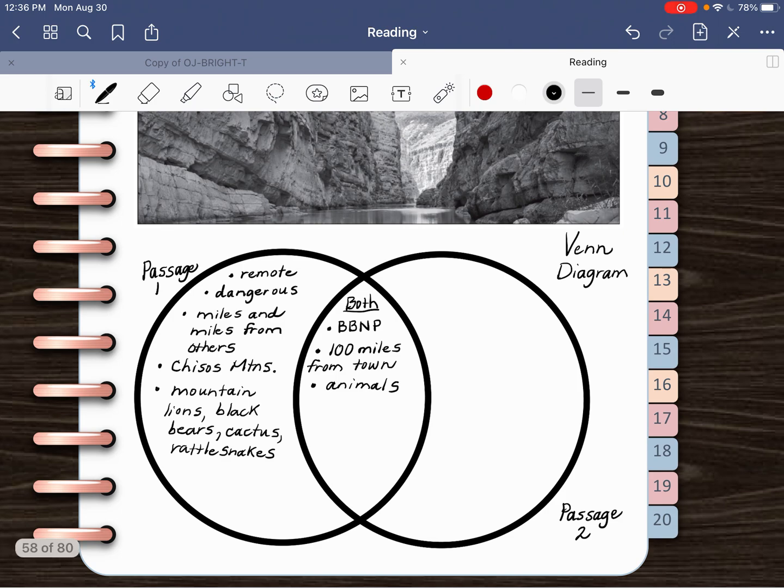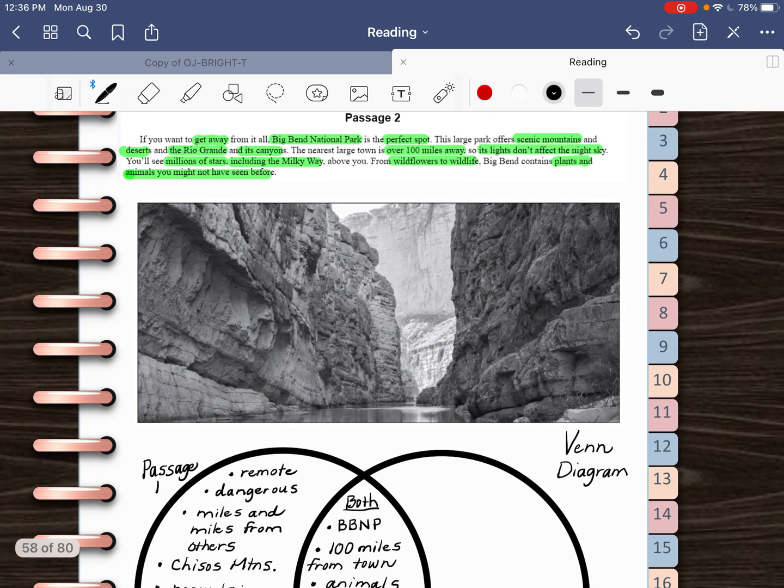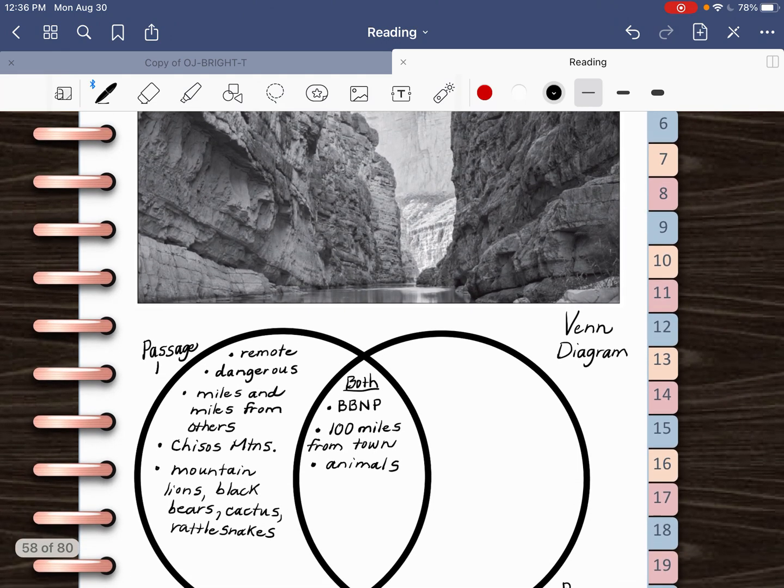Now let's look at passage 2. If you want to get away from it all, Big Bend National Park is the perfect spot. So this author is saying that the park is a perfect spot to get away. It offers scenic mountains.